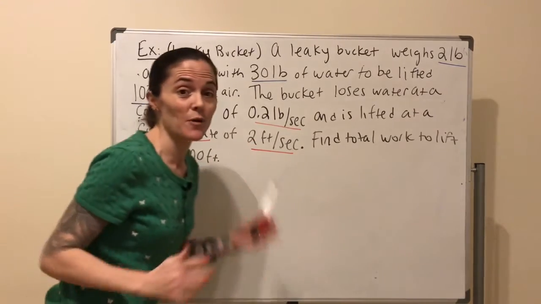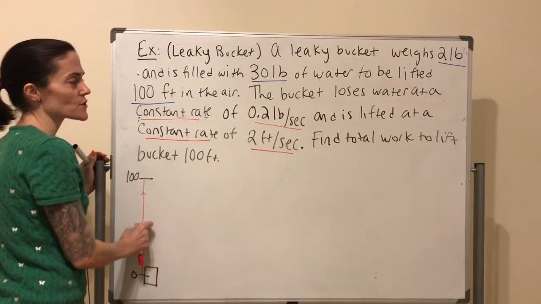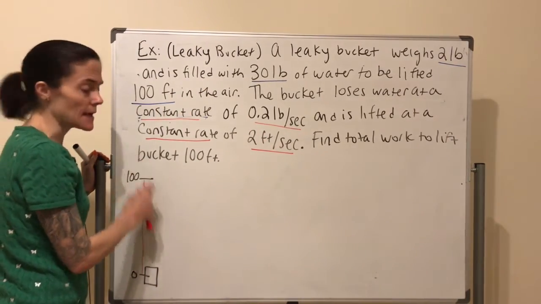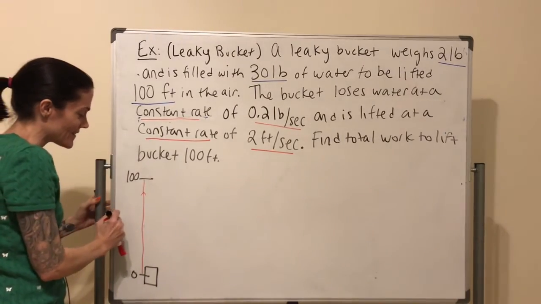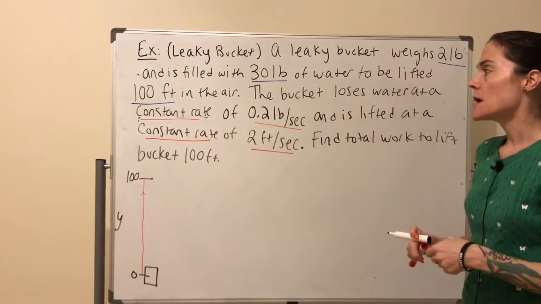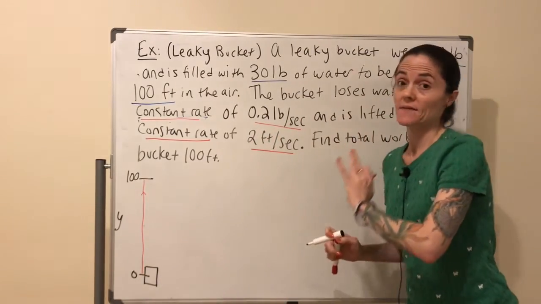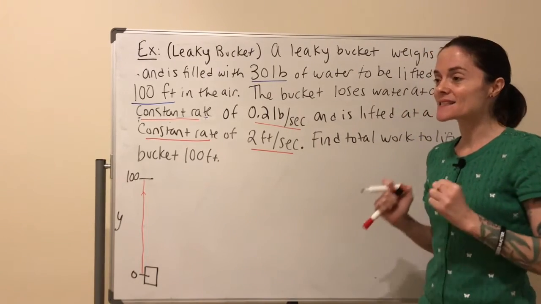But I want to integrate only with respect to y, okay? So I don't want to write the force function as a function of t. I want to have everything as a function of y, which is the height, my variable. But we can take what's given in the problem and proceed exactly the same as the last problem.